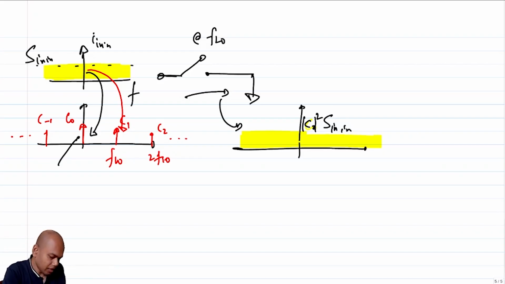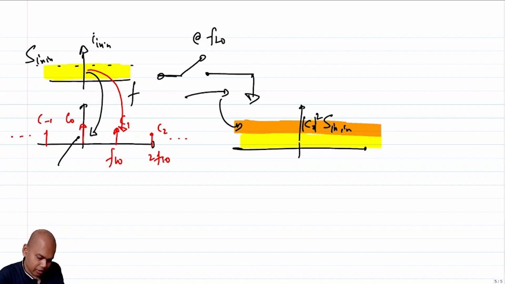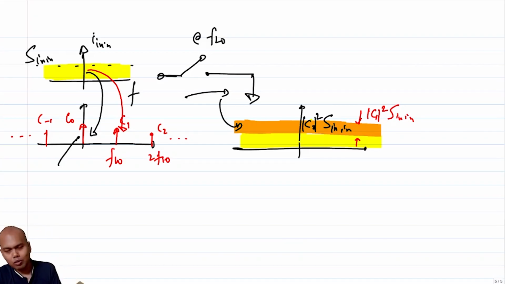So essentially I am going to get additional noise, and the increase in the noise floor due to this will be C1 squared times S in I in. Similarly, I'm going to have it for C2. I mean, if it's 50% duty cycle, C2 doesn't exist, but you get the idea, right? So you are going to have all of them added up.